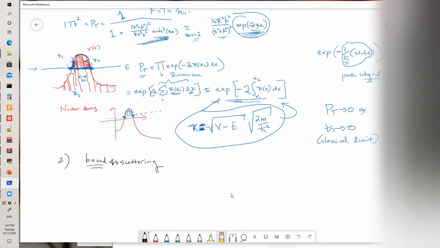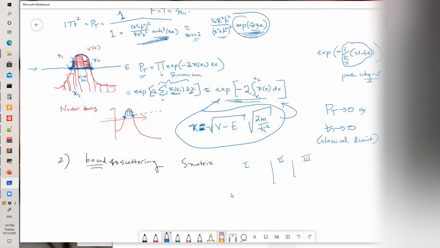There's a pretty deep connection between scattering and bound states via the S matrix. Why? Because for a bound state, I like to think about the regions 1, 2, and 3.